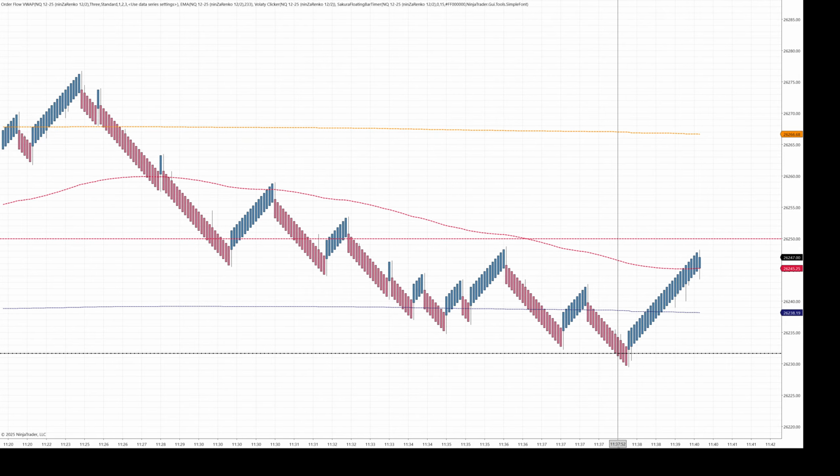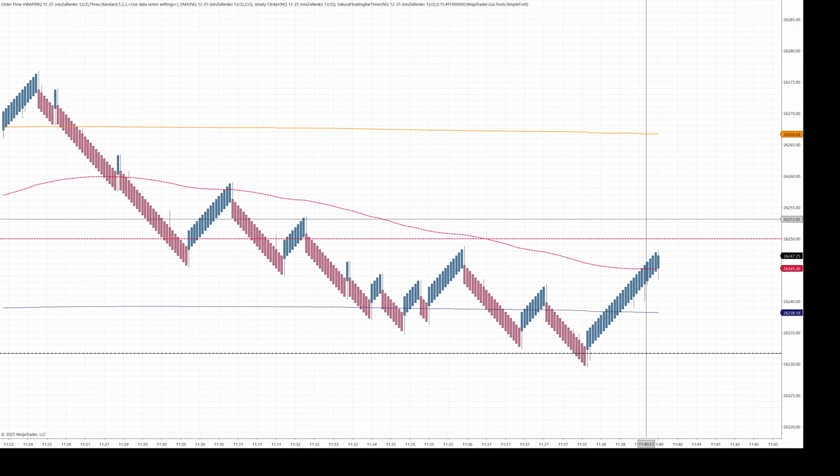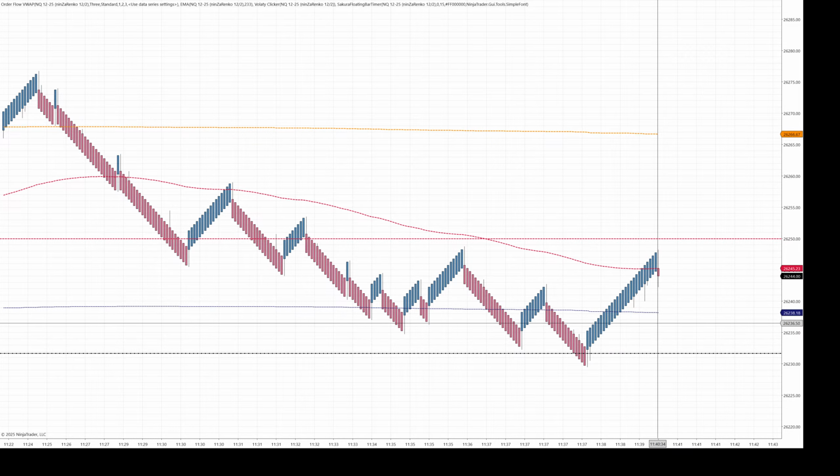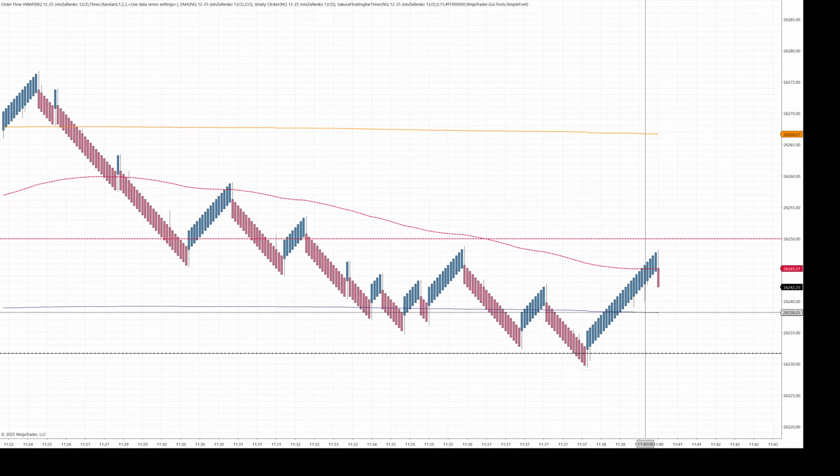So if anything at this point, I'm hoping that the bulls can start moving up, pull back, and then we move higher and retest the VWAP. That's what I'm hoping we get.